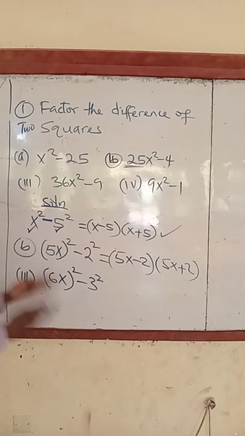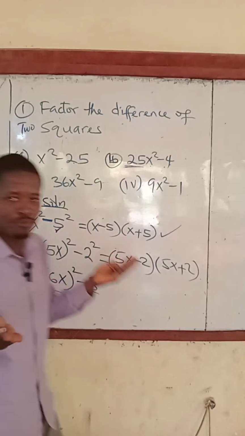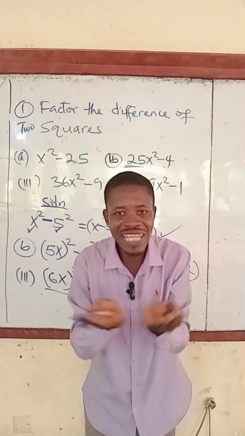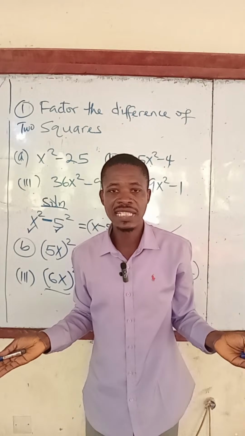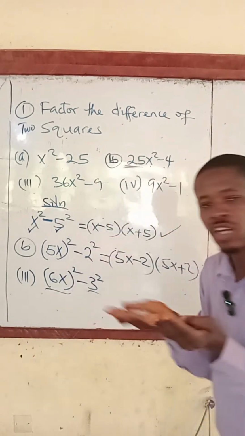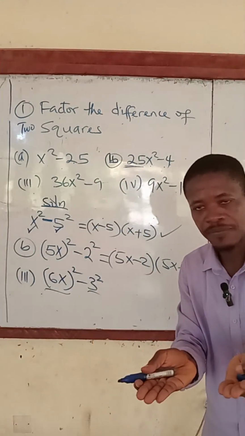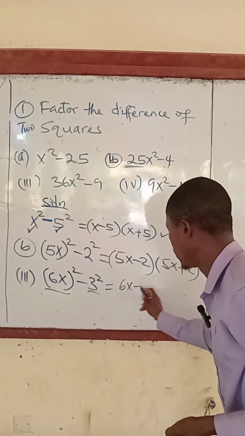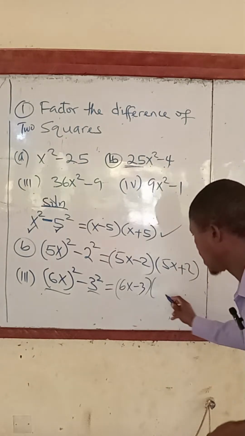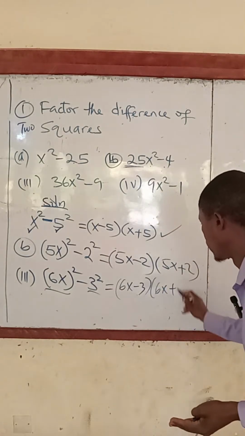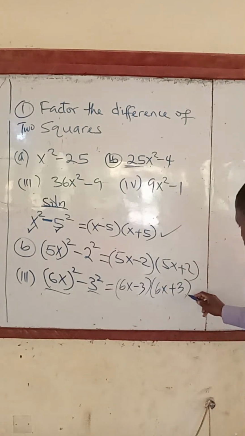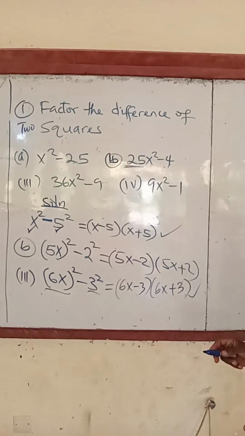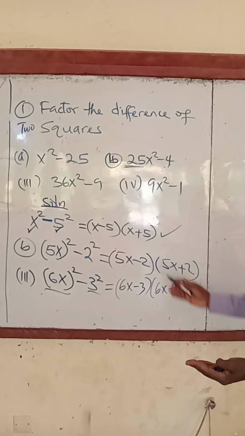So we have succeeded to make this one a multiple, this one a multiple, connected together by negative. And when such happens, we call it difference of 2 squared. That will be equal to 6x minus 3 times 6x plus 3. That ends that question.